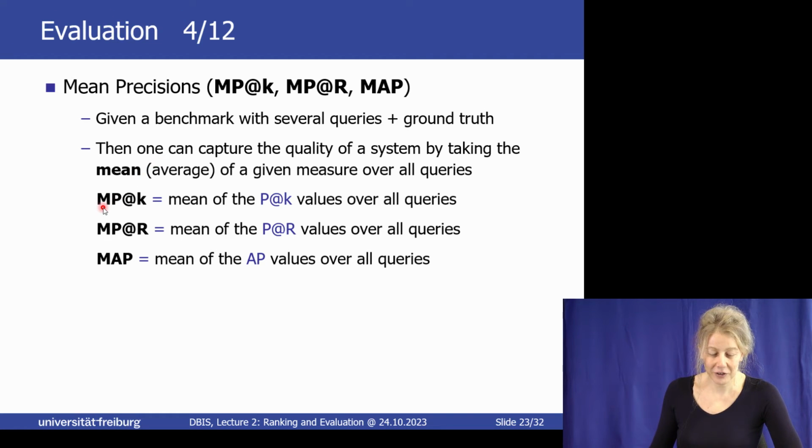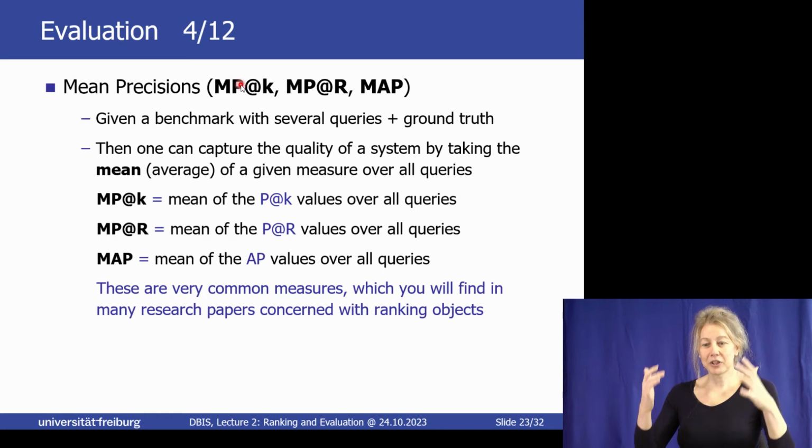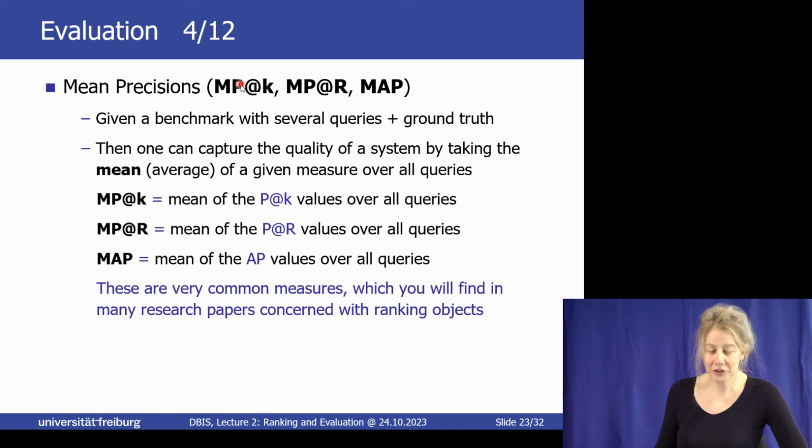So these are just the averages over the whole collection. And thus you get a single number which tells you how well my search engine did for this benchmark. So you get a single number, which is of course dangerous because single numbers measuring something complex are always dangerous.